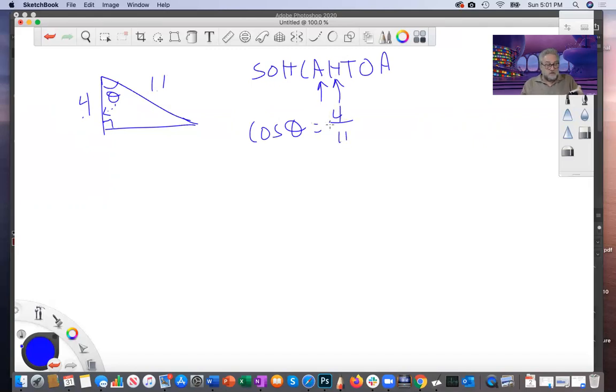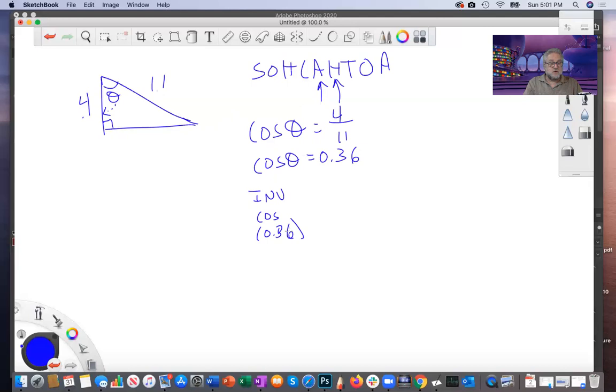I'm going to go to my calculator. 4 divided by 11. So cosine theta, when I did 4 divided by 11, I got 0.36363636 repeating, so 0.36. Now I'm going to do inverse cosine of 0.36.